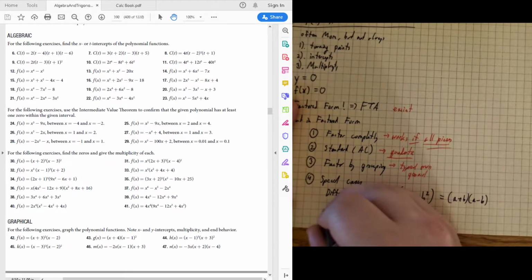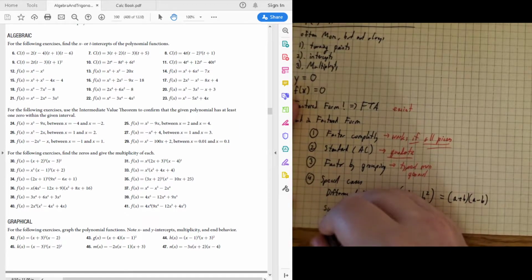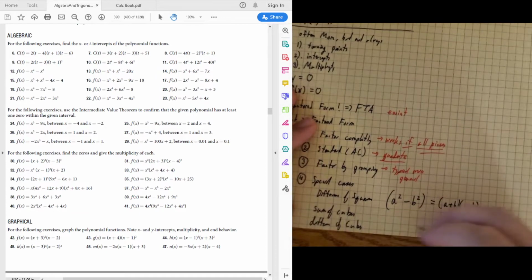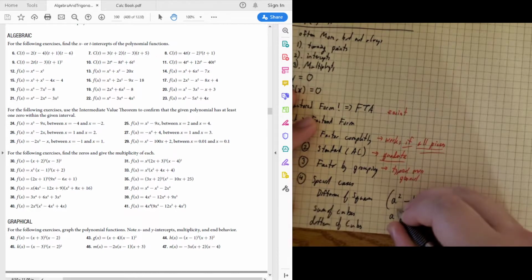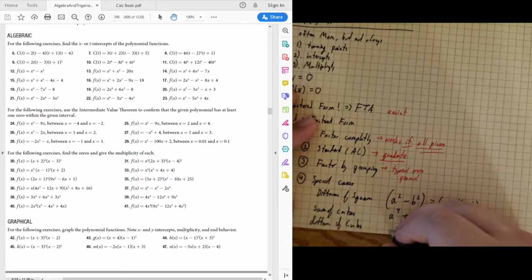You can also have sum of cubes and difference of cubes for much the same reason. If you're doing things like sum of cubes, that'd be a cubed plus b cubed, and difference of cubes, a cubed minus b cubed.